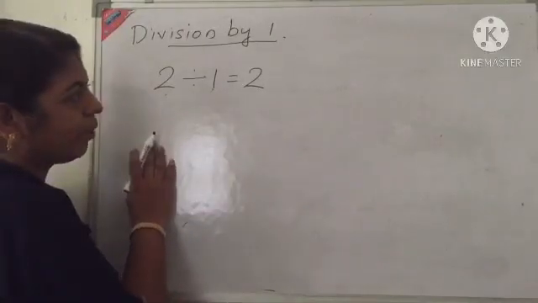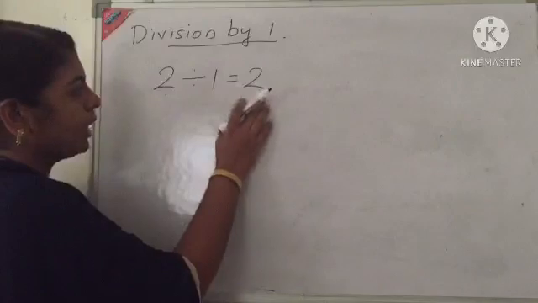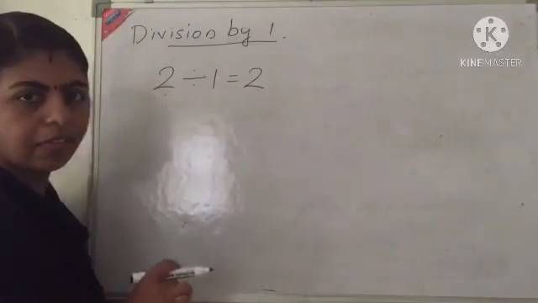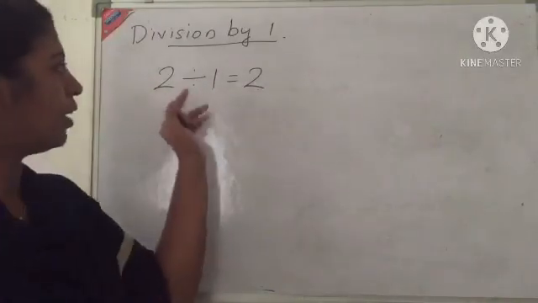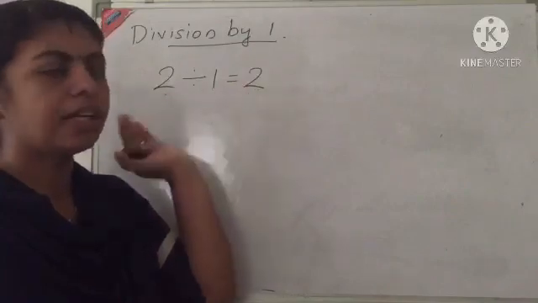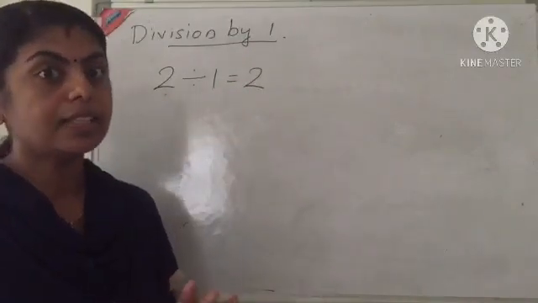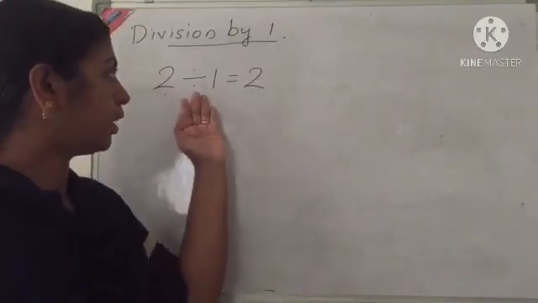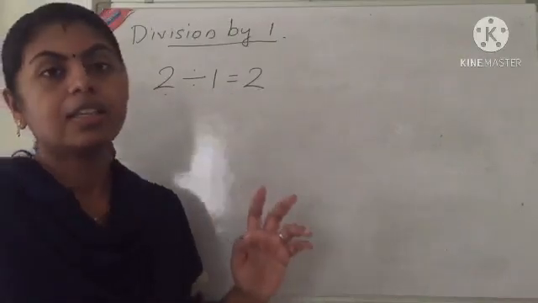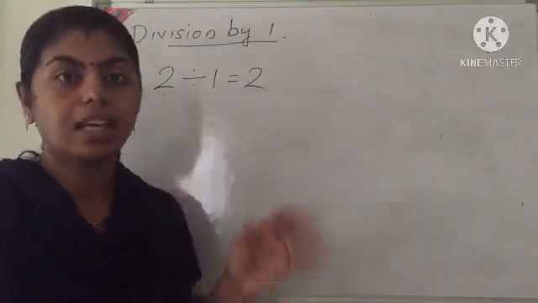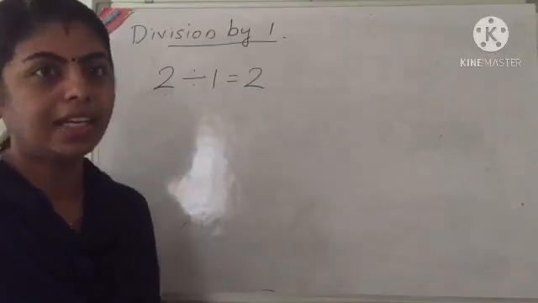When you divide a number by 1, the quotient is the number itself. Otherwise we can say a number divided by 1 gives a quotient as the same number.